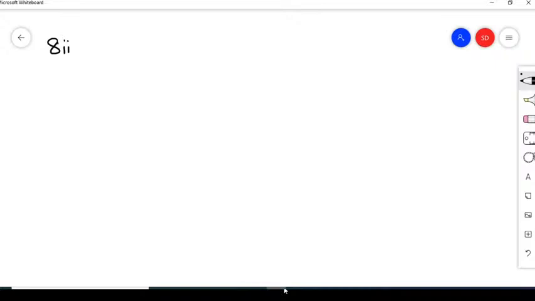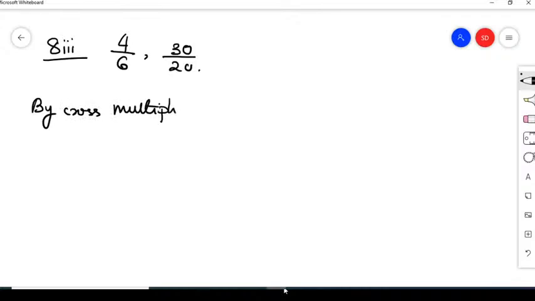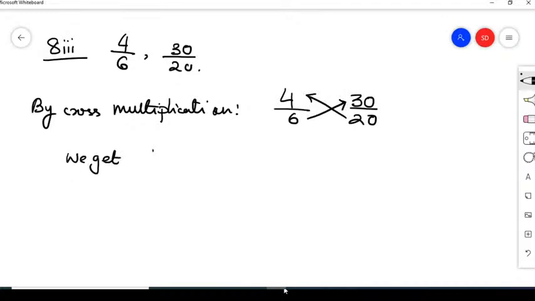Question number 3. 4 by 6 and 30 by 20. So by cross multiplication, 4 by 6 and 30 by 20, you cross multiply, we get 4 into 20 and 6 into 30, and we get 4 into 20 is 80 and 6 into 30 is 180, and they are not equal.